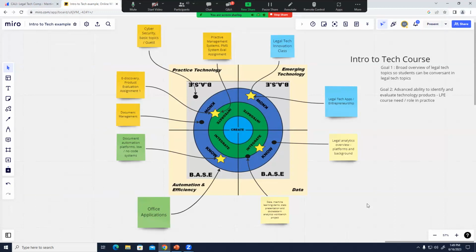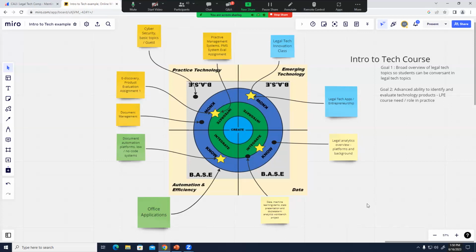And just to pull it all together, I know we're about at question time, but I put this one together. I teach an intro to tech class every fall, and my real goal is to have a know-level understanding of a broad survey of topics, know-plus almost integrate level for evaluation of legal tech products, and know-plus for some basic data skills.